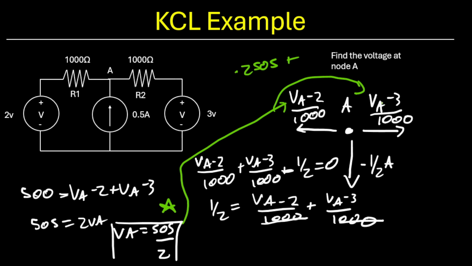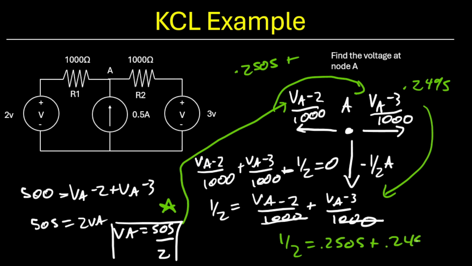And then 505 divided by 2 minus 3 all over 1,000 is roughly 0.2495. So if we plug those two values in here, we get 1/2 equals 0.2505 plus 0.2495, which gives us 1/2 equals 1/2, verifying our work here.